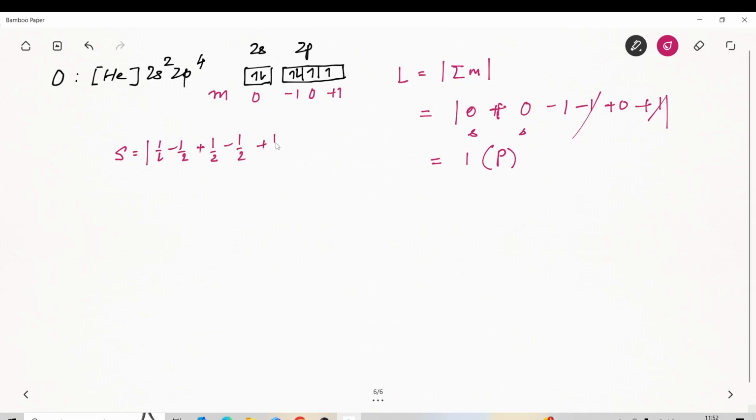Then +half, you can show it like this. Okay, তার মানে আমরা আসলে এই দুটো ইলেকট্রন, they are actually parallel spins. So capital S will be equal to 1. So spin multiplicity equals twice of capital S plus 1. So this equals 2 into 1 plus 1, 3, তাই তো?